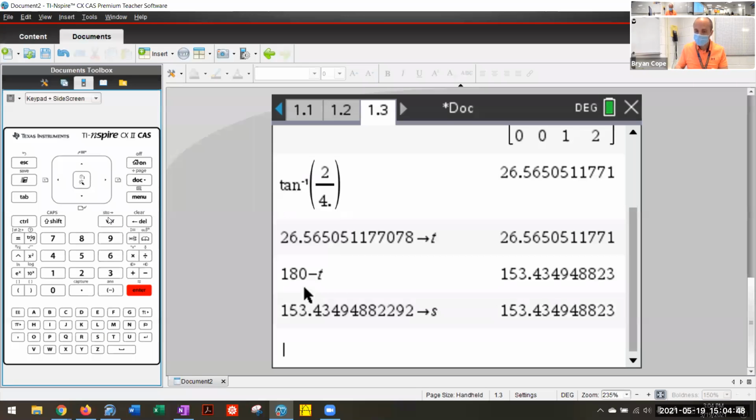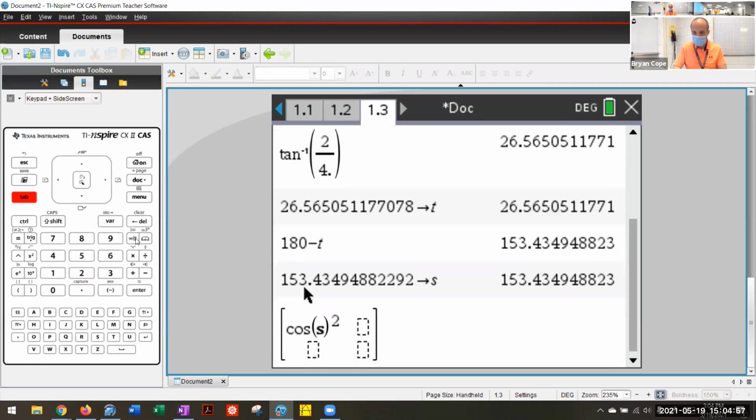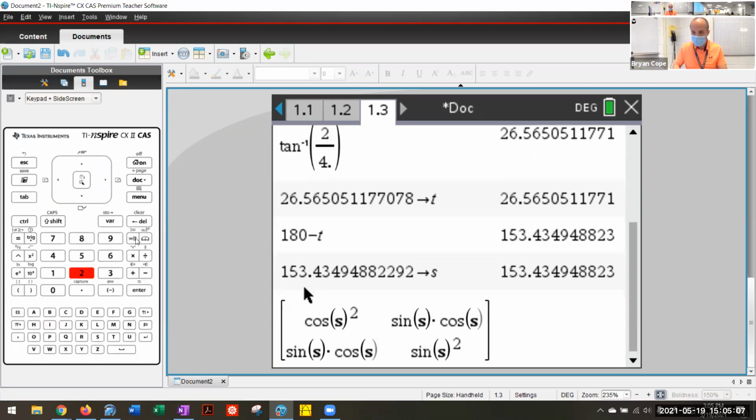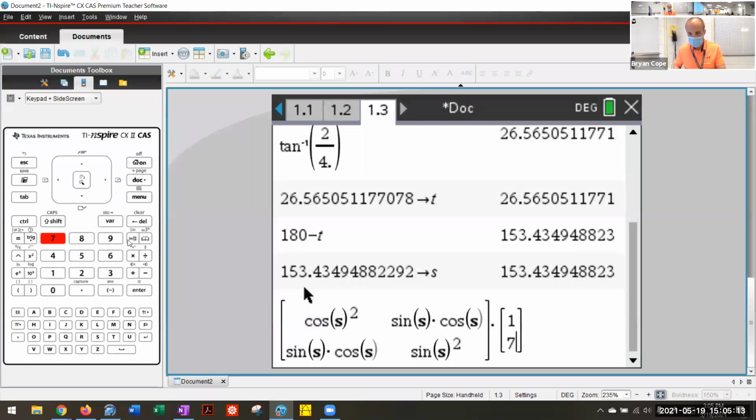Okay. So if I make the 2 by 2 matrix, cosine of s squared, sine of s times cosine of s, sine of s times cosine of s, and then sine of s squared, that matrix, when it transforms the vector y, 1, 7, thank you, should get us negative 2, 1.